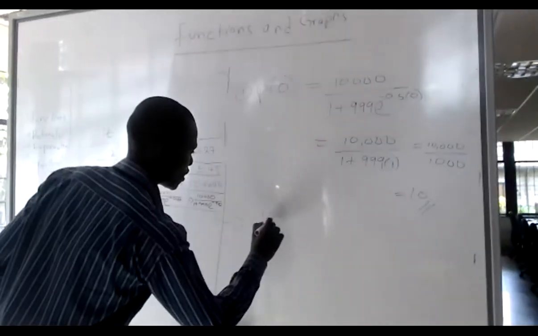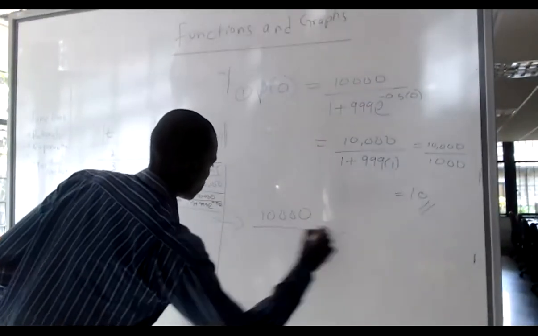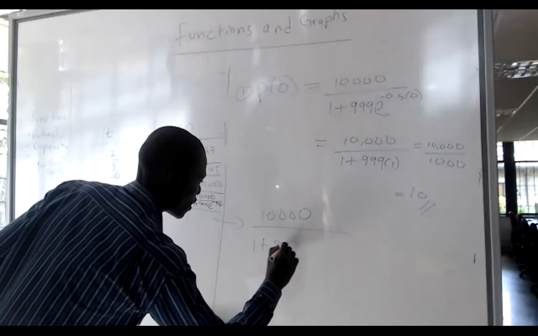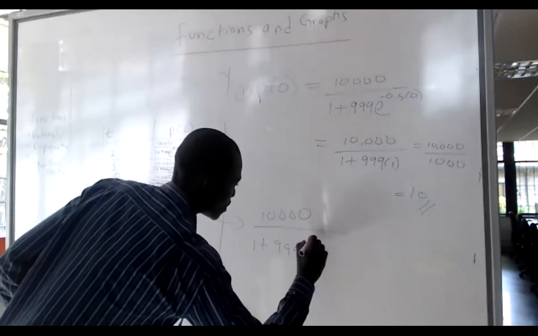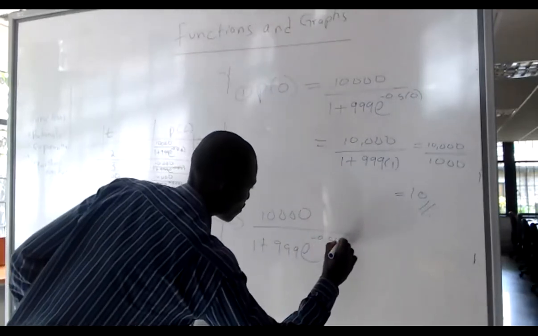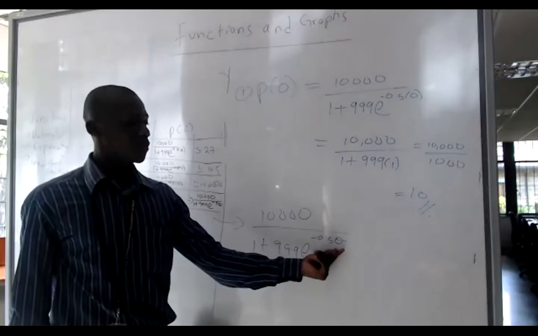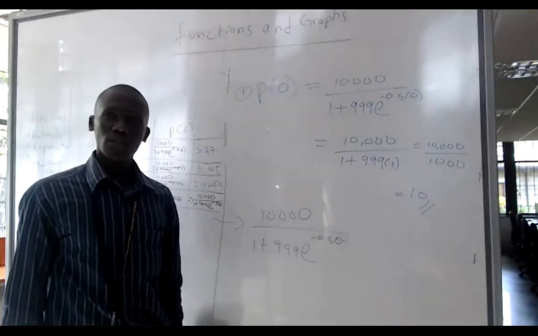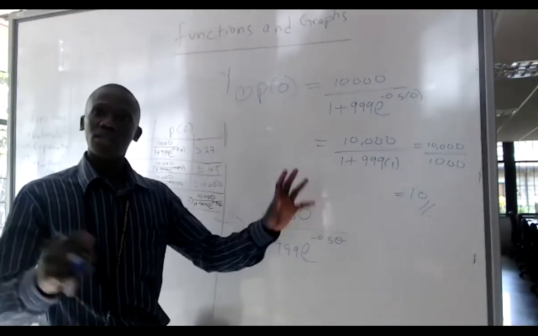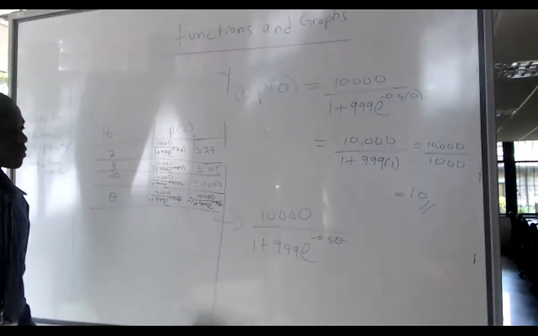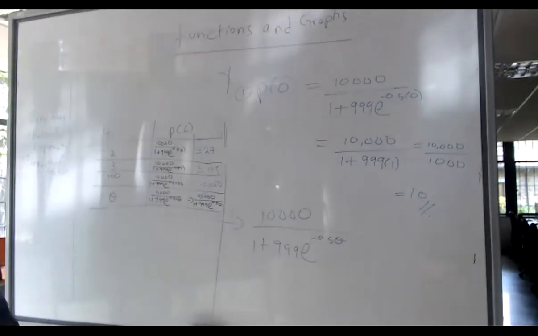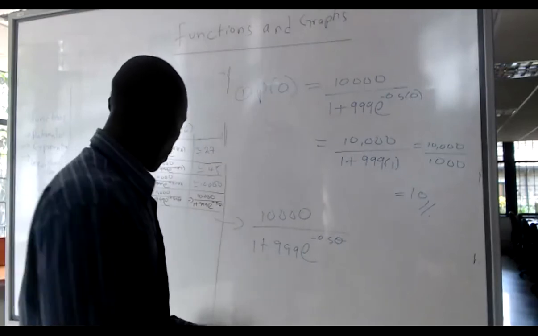This one here is 10,000 divided by 1 plus 999 exponent negative 0.5 theta. So in the formula, where there is t, just put theta there, and that's the answer. You don't know what theta is. Theta is any number. Shall we go ahead?